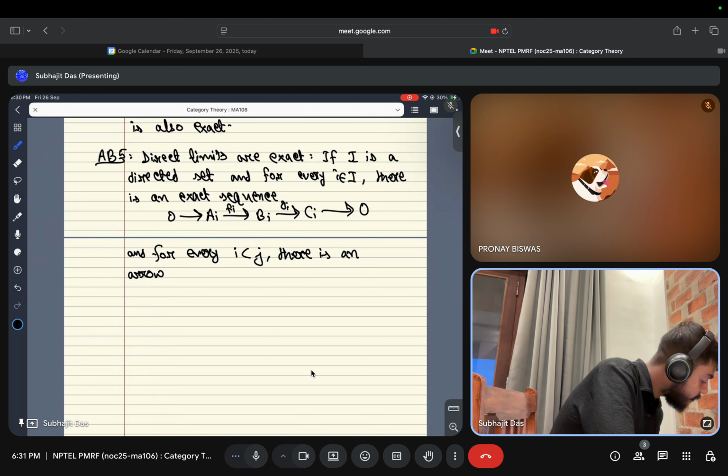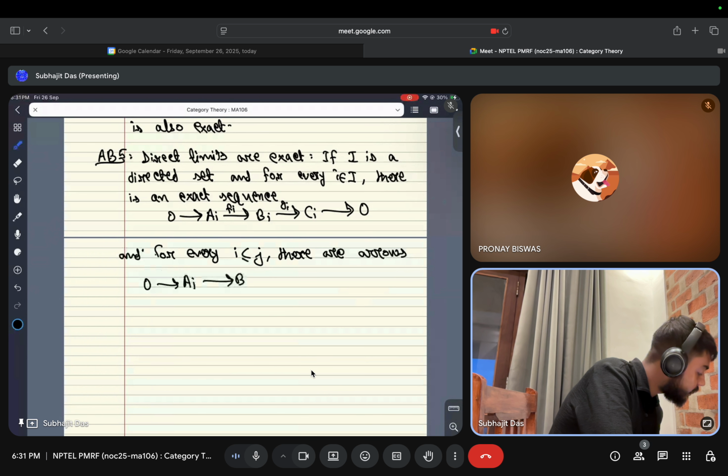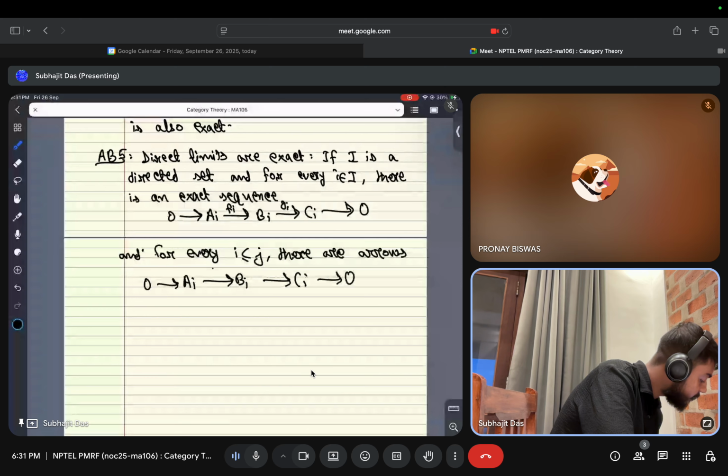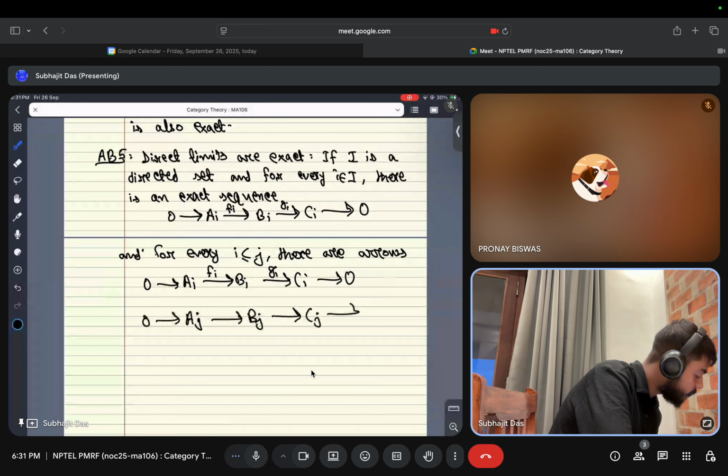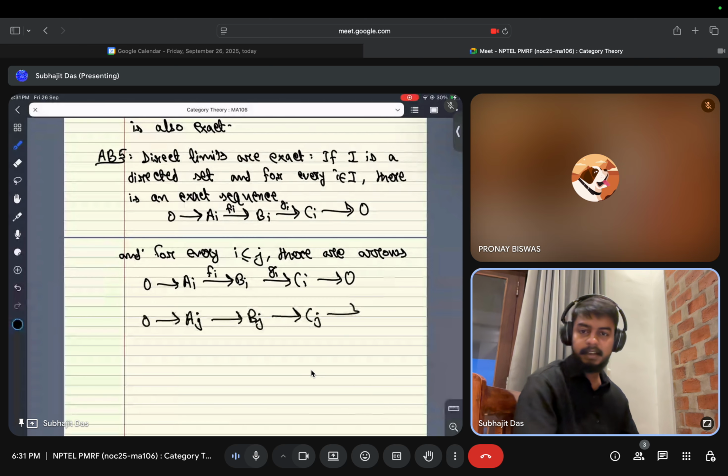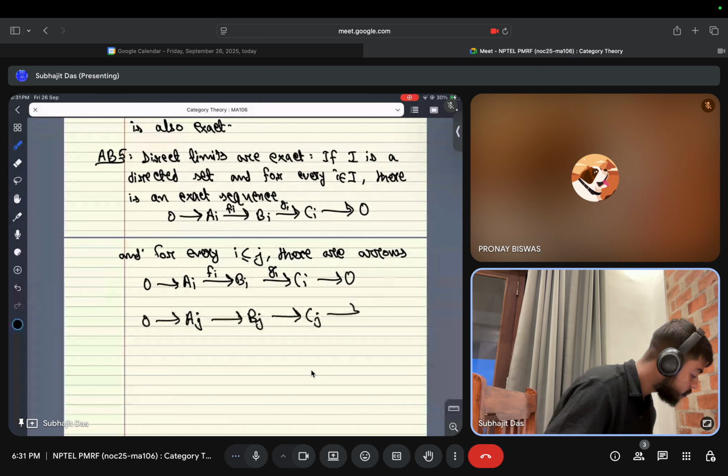So we have this sequence 0, A_i, B_i, C_i, 0 with f_i and g_i, and 0, A_j, B_j, C_j, 0 with g_j and f_j. We should have an arrow here, an arrow here, and an arrow here, making the diagram commute.